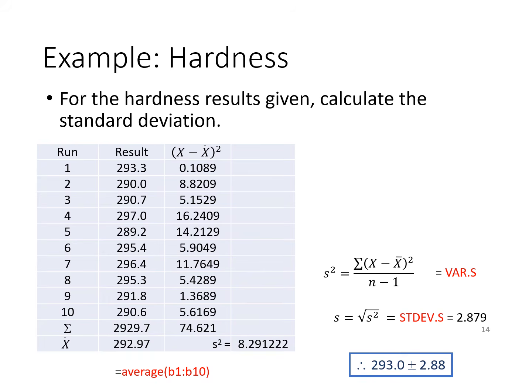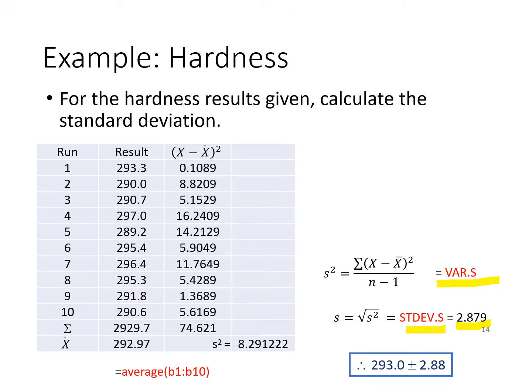So for the same set of data, as I've mentioned, we can use the Excel functions var.s, and we can use stdev.s. From that, we calculate, here we have a variance of 8.29, and we have a standard deviation of roughly 2.88.